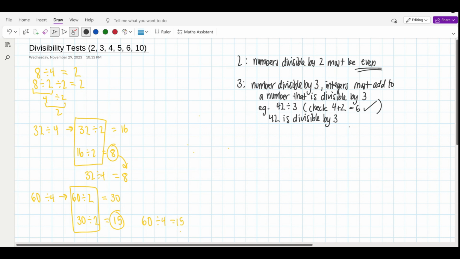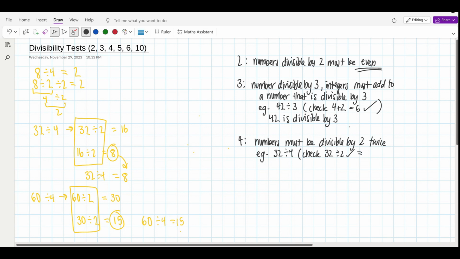So let's add that to our divisibility tests. We've got 4, and our numbers must be divisible by 2 twice. So to write an example for that, we can use our 32 divided by 4, and we'll check 32 divided by 2 works.